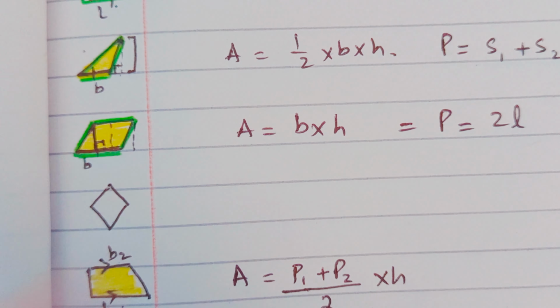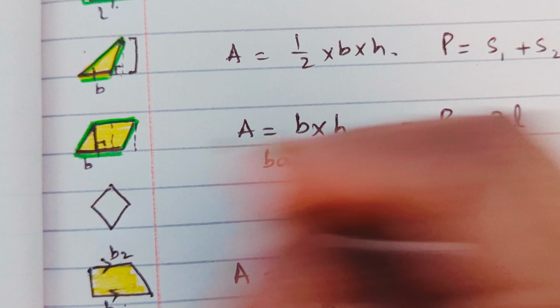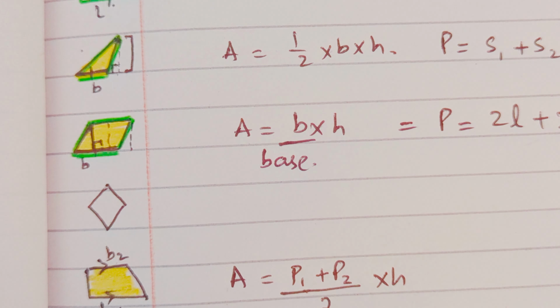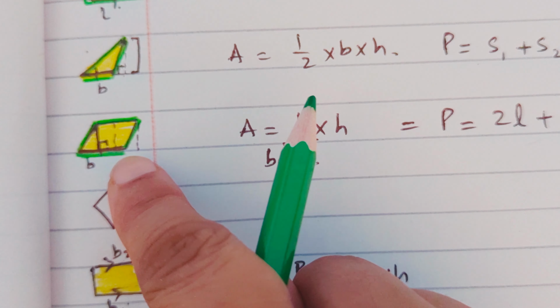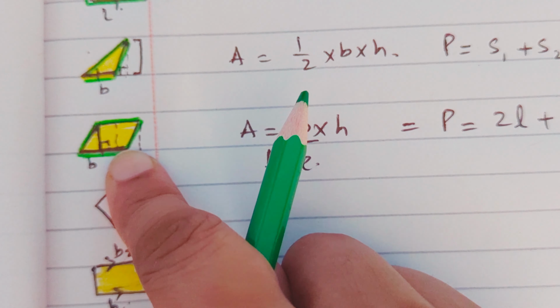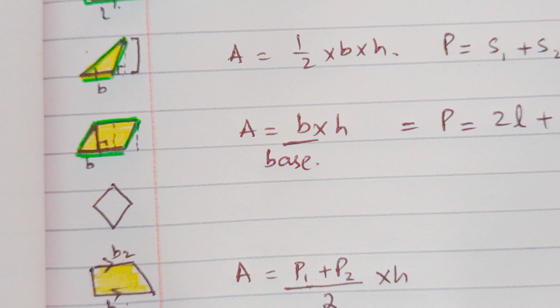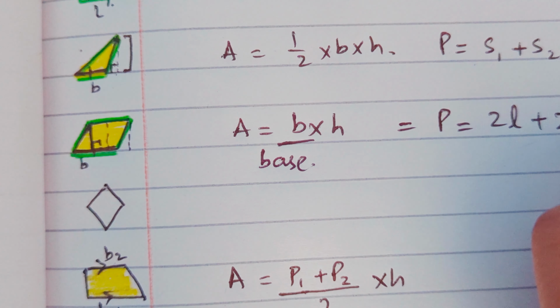This stands for base, and this one stands for the breadths, 2 breadths. Okay, so remember that in a triangle and in a parallelogram, height and base are different, length and breadth are different. Okay, so here this B represents the breadth.